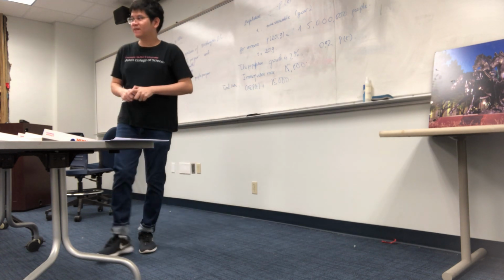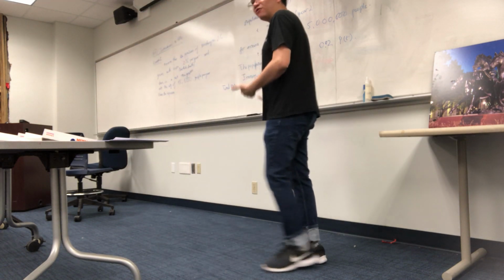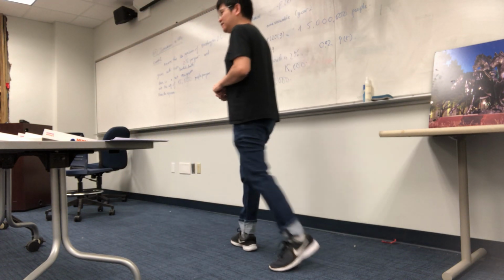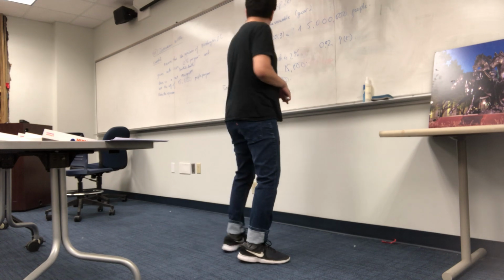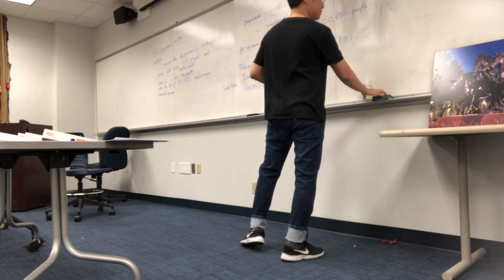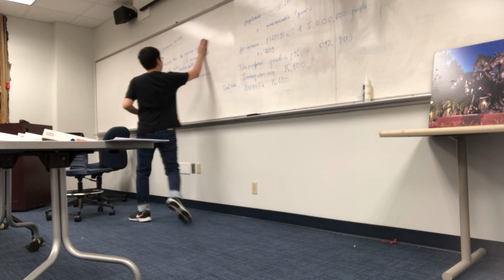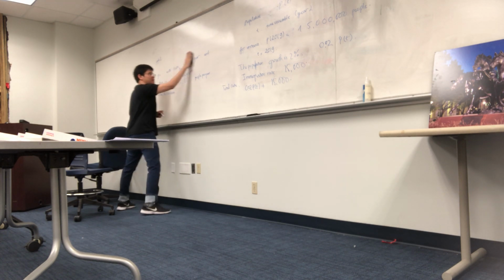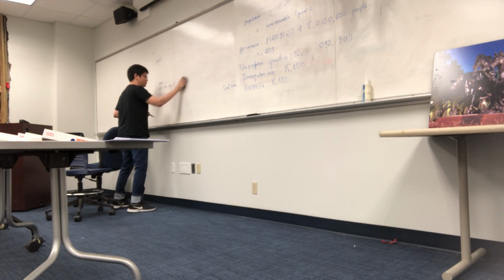All right. But so this is just a formula. I need an equation, right? So what is the rate? If I give you a P of T, what is the rate of growth for P of T?